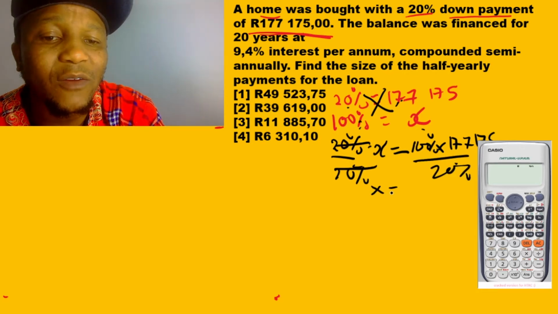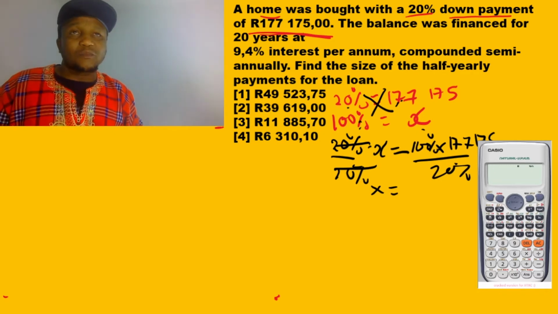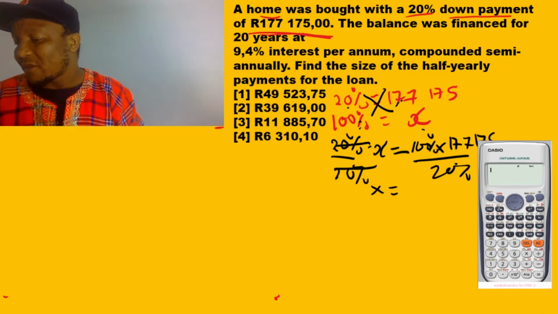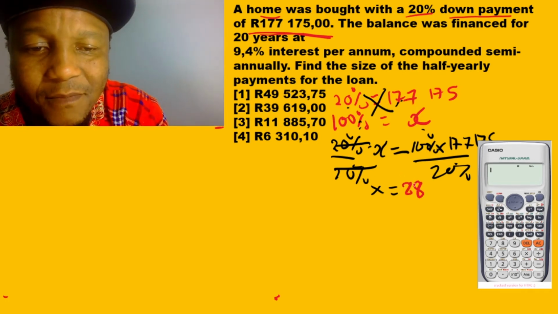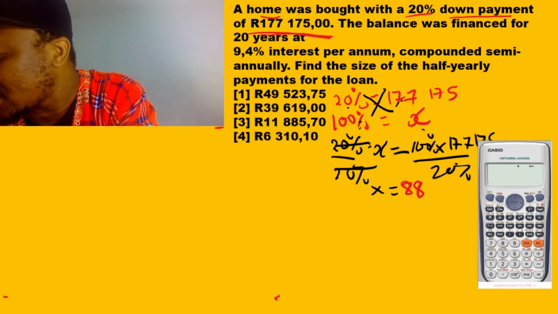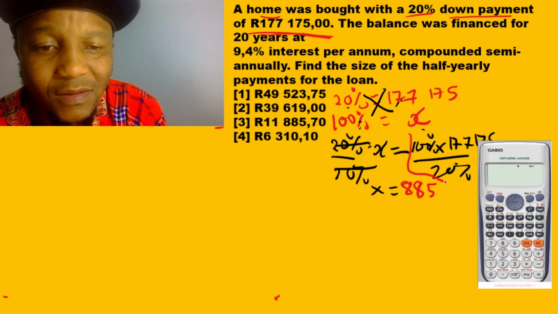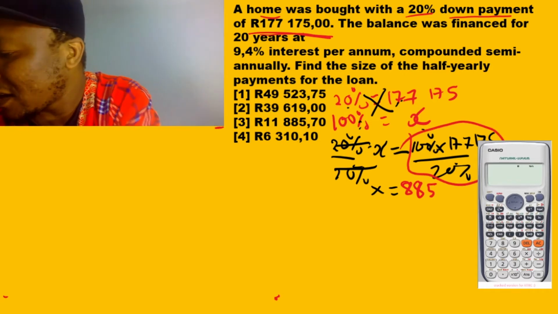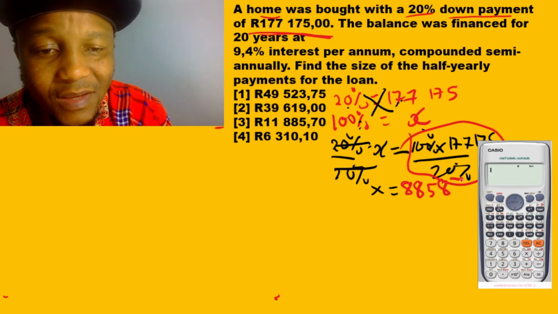So the value of X, which is the full amount you're supposed to pay for the house, if you plug it in the calculator, is going to be 885,875.